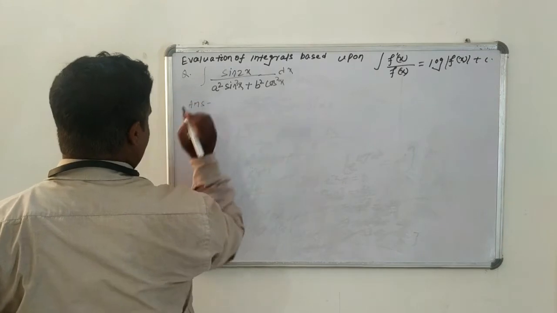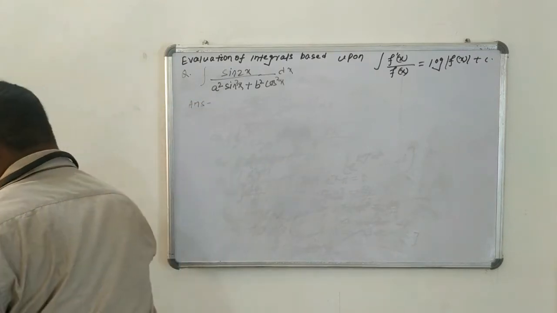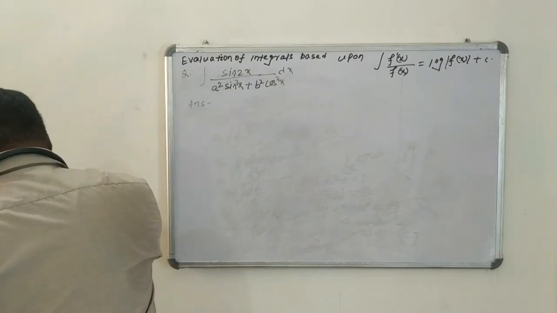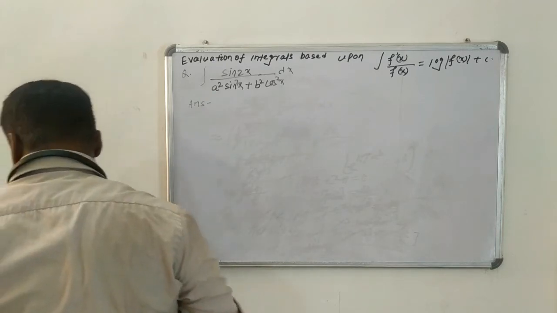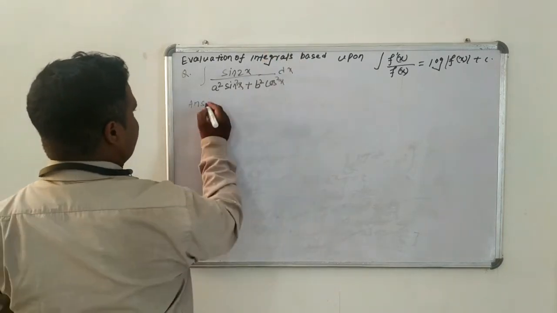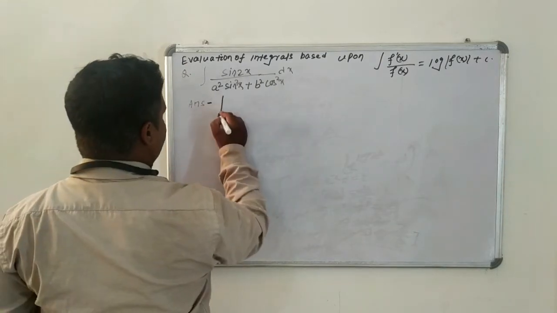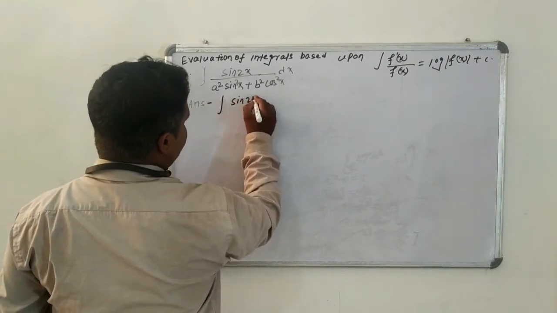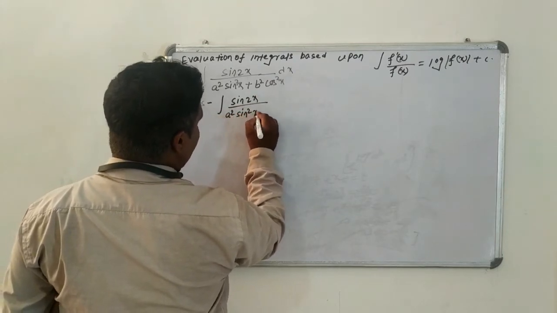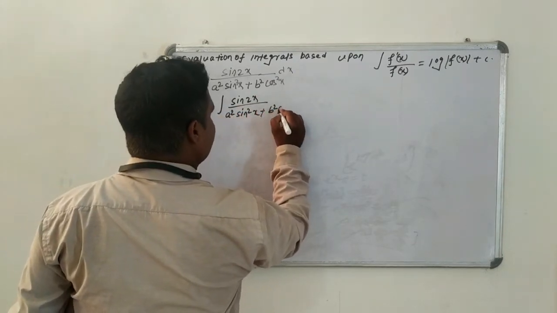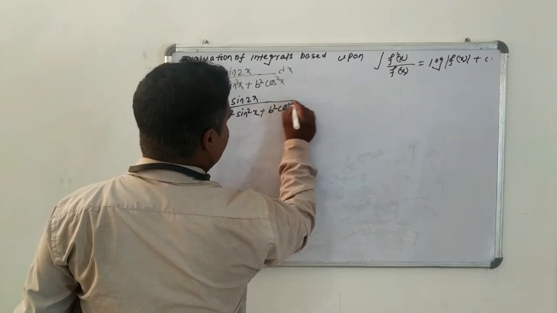Given part, answer: firstly, given data, sin 2x divided by a square sin square of x plus b square cos square of x dx.